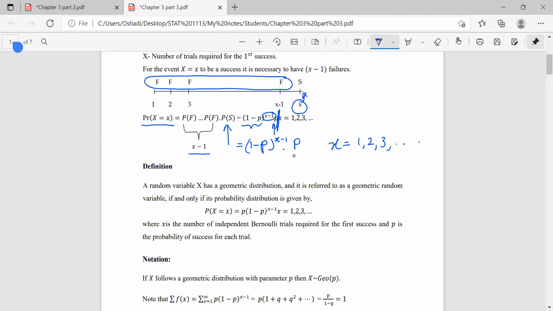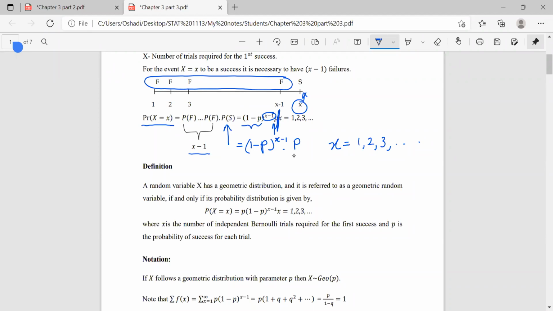A random variable X has a geometric distribution and it is referred to as a geometric random variable if and only if its probability distribution is given by P(X = x).